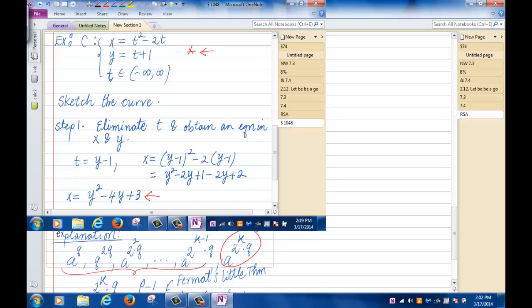Well, that means what? That means the curve is part of the graph of what?